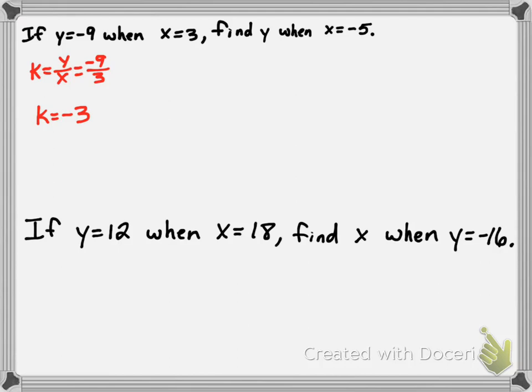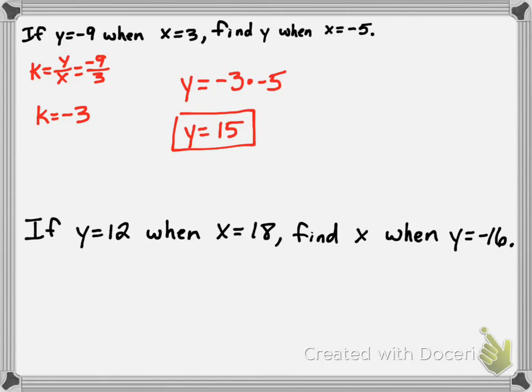So then step 2 is use that k with my x value in this case to find y. Because I know k, I know x, I plug them into y equals kx, and then I solve for y. So y equals +15. And that's the answer. That's what y is when x is -5.